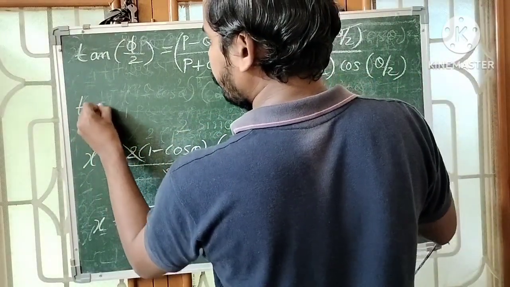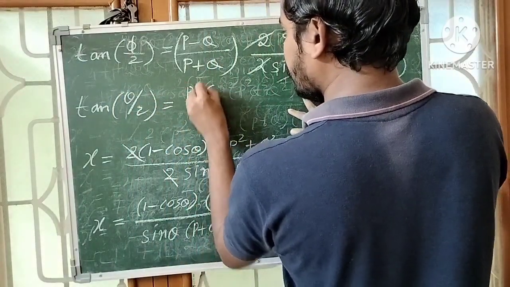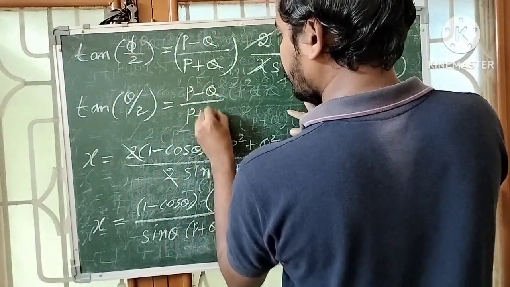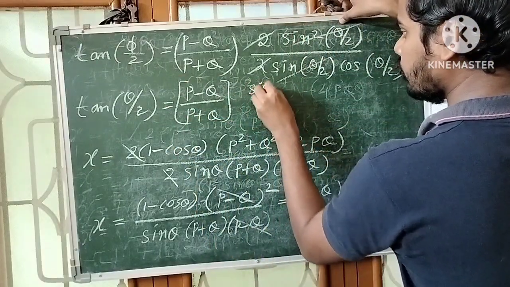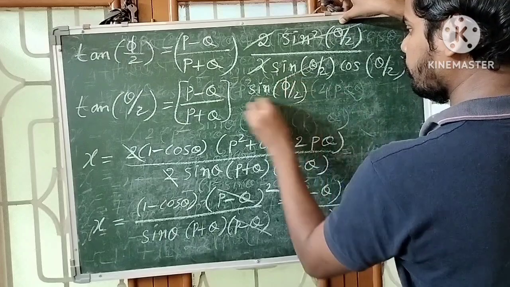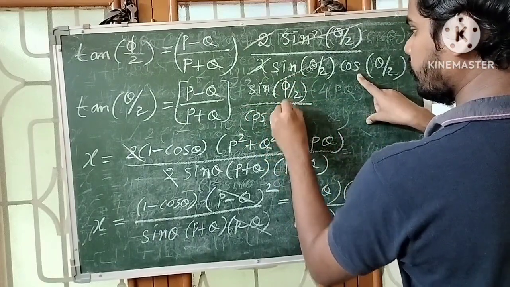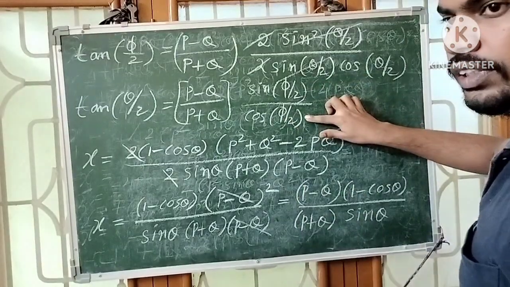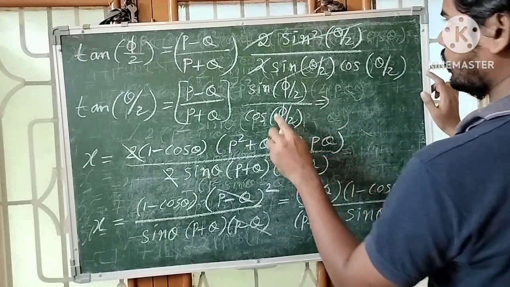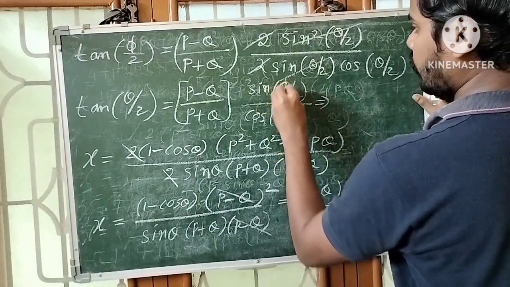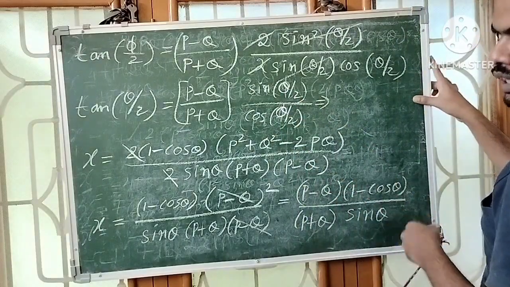So tan phi by 2 is equal to p minus q by p plus q into sin theta by 2 by cos theta by 2. We know that sin theta by cos theta is tan theta. Here theta by 2 is there, so what will be the answer? Tan theta by 2.